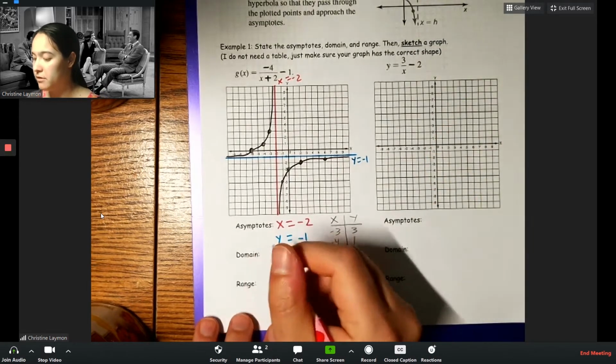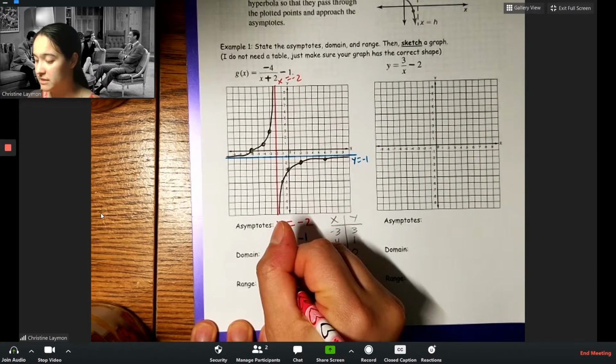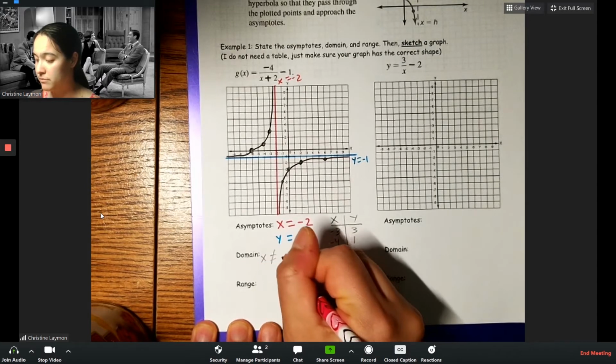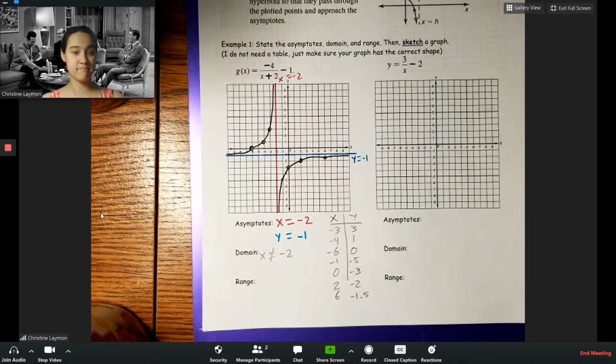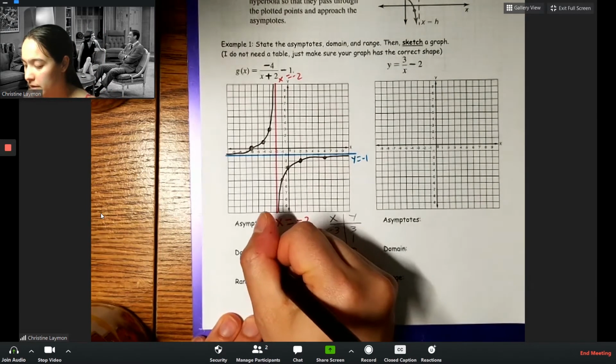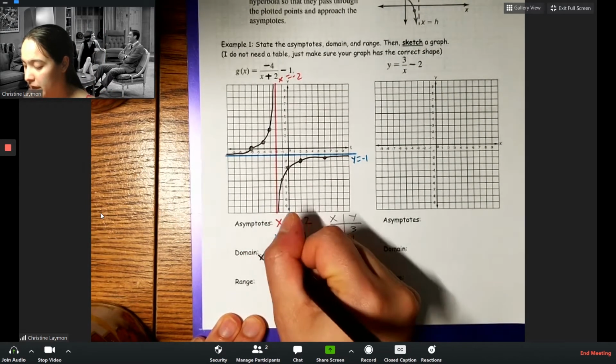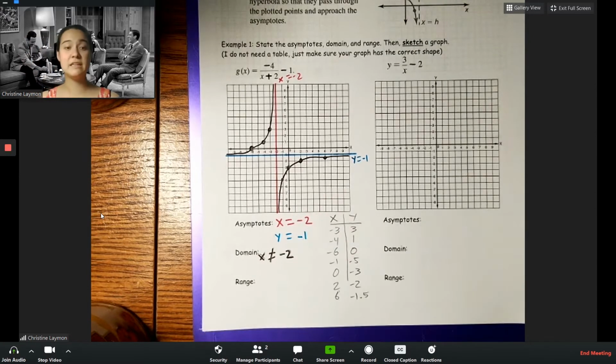So one way to say this is just x does not equal -2. If you say that, it is assumed that it's all real numbers besides that one part.